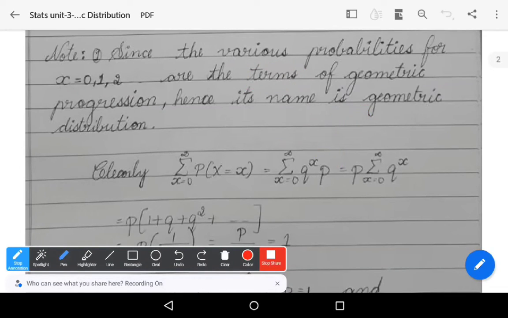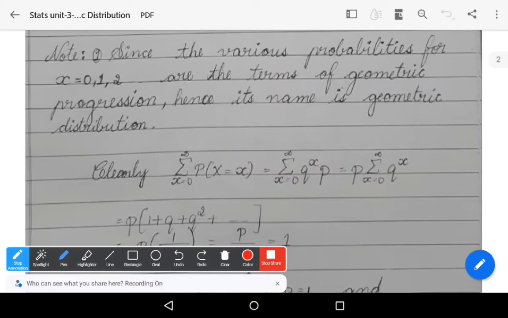And also, summation X equal to 0 to infinity, probability of capital X equal to small x is given by summation X equal to 0 to infinity Q power X into P. Here summation runs over X, so P is constant.